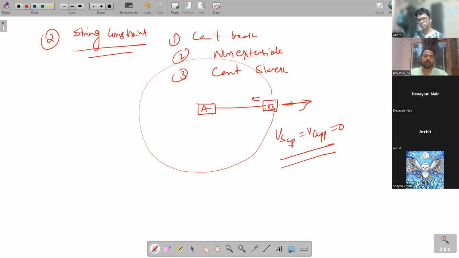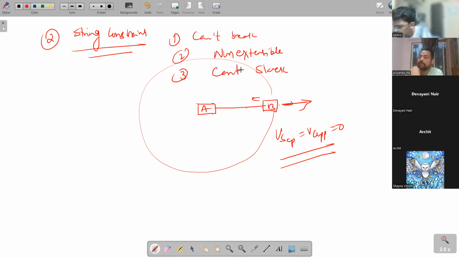Sir, can you explain it again? In a string constraint, physics says that the string can't be slack, can't be extensible, and it cannot break. So suppose block A is kept at rest, and B is moving in this direction. If B moves in this direction, the string will break.